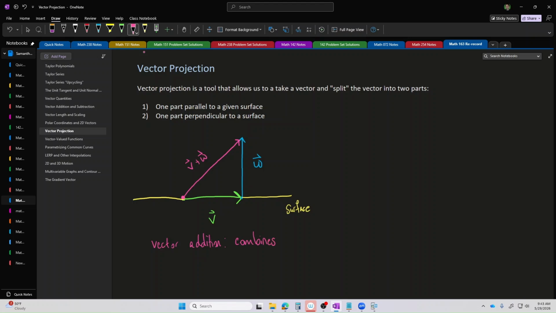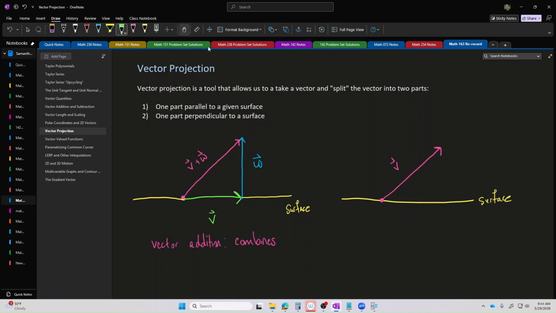What we're going to do in this section is essentially take this process and perform it backward. We are going to start with a surface, and we're going to start with a vector that's coming out of that surface, perhaps diagonally. And then we're going to take this vector and break it down into its parts.